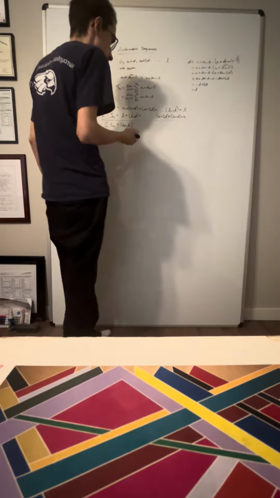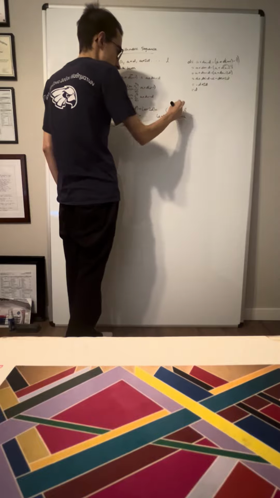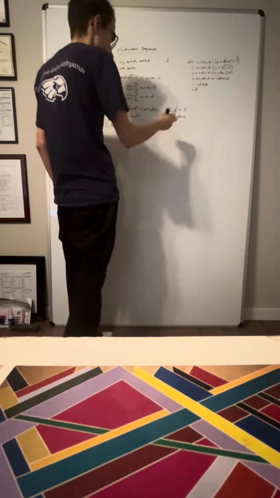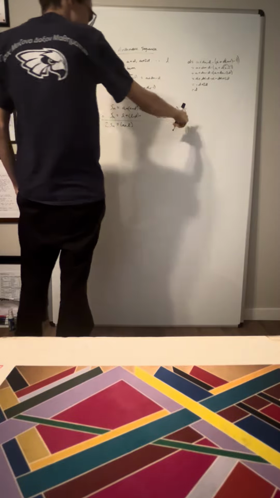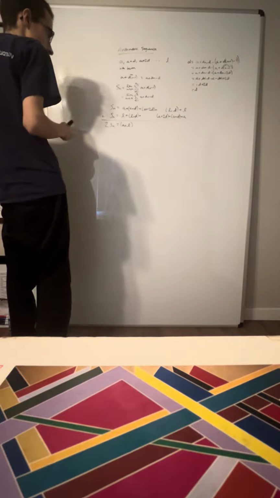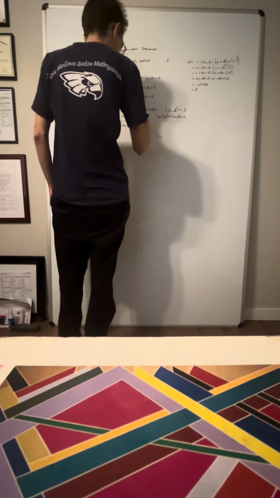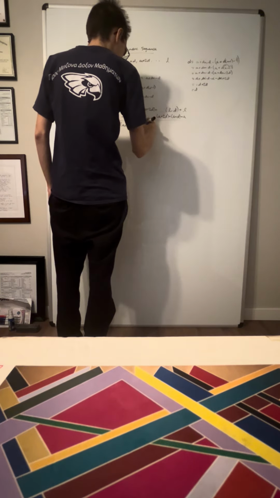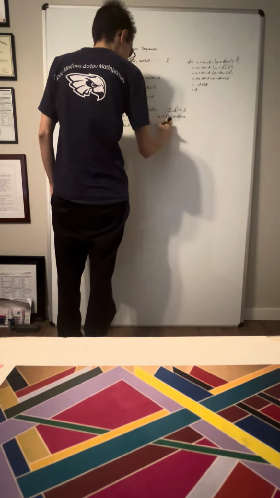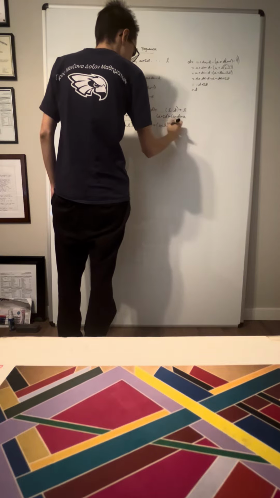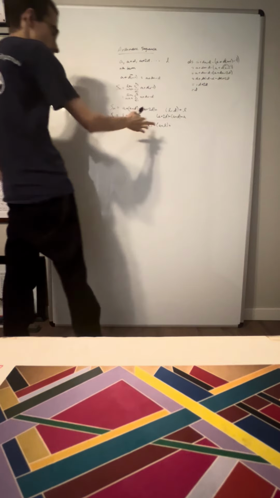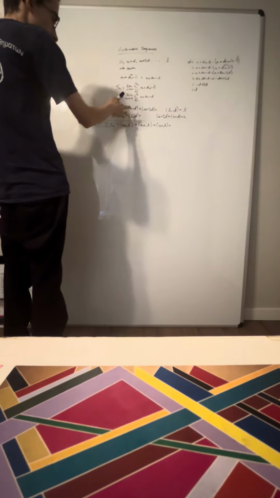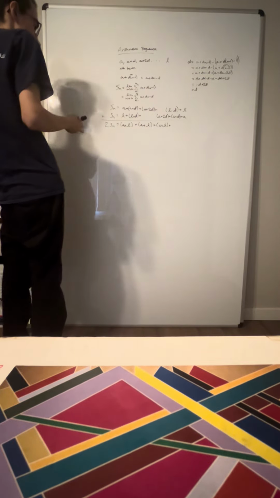So the minus d and the plus d go away here. You're left with an L and an a over there. So basically, we're just going to have a plus L plus a plus L plus a plus L, and we're going to have that n times basically.